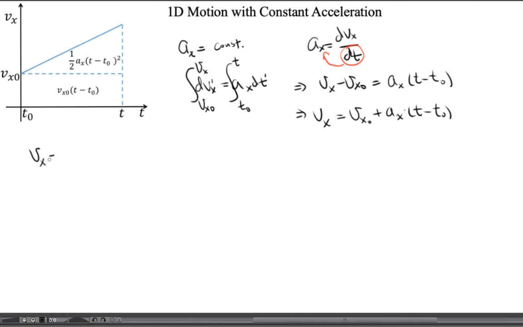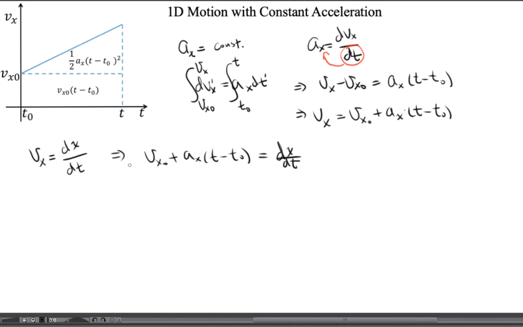vx is defined as dx dt, the derivative of x with respect to time. Let's plug in the expression that we just obtained. So we get vx naught plus ax times t minus t naught equals dx dt.